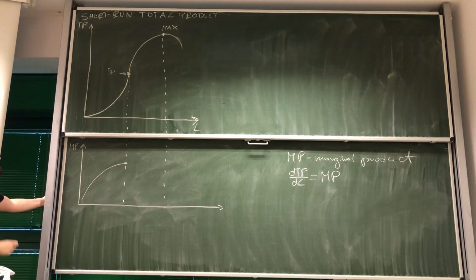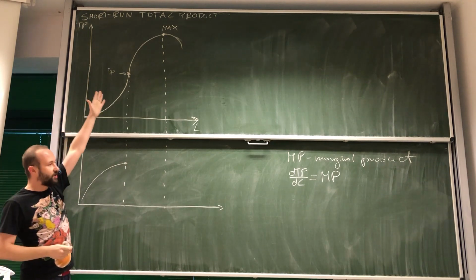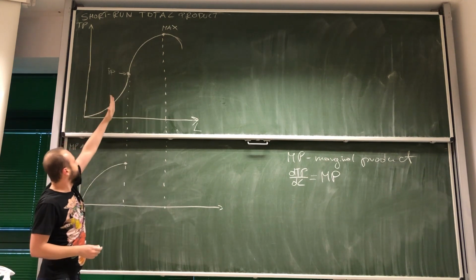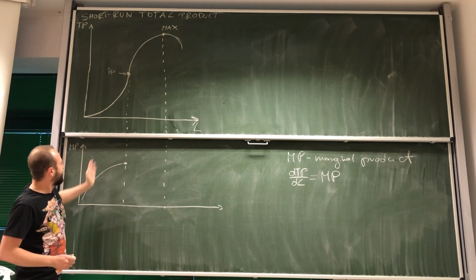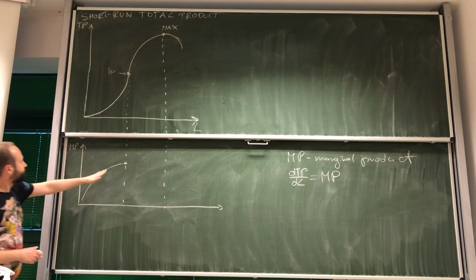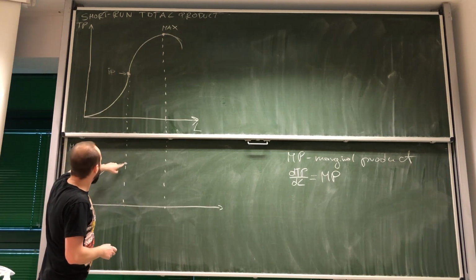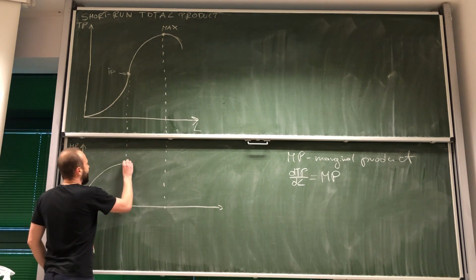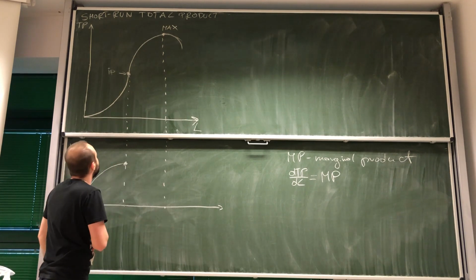Marginal product measures the slope of this function, because the derivative measures the slope of a function. So if here the function is getting steeper, marginal product should be getting higher.